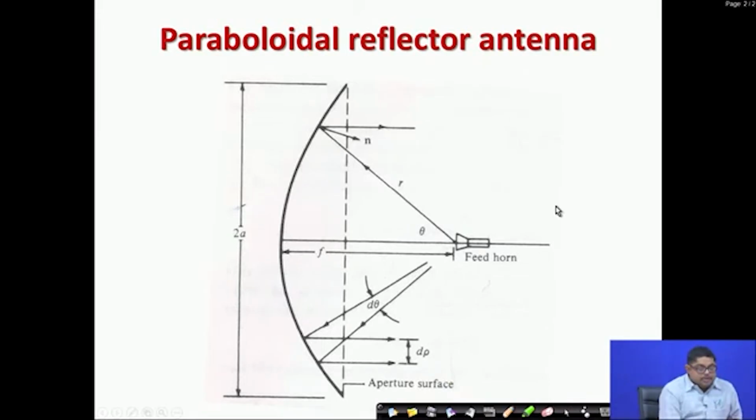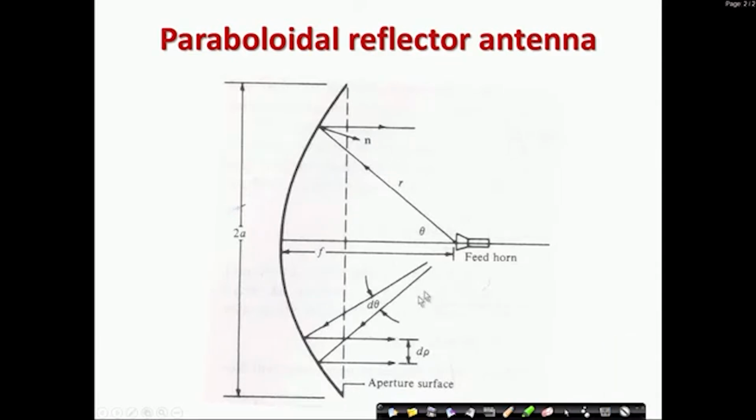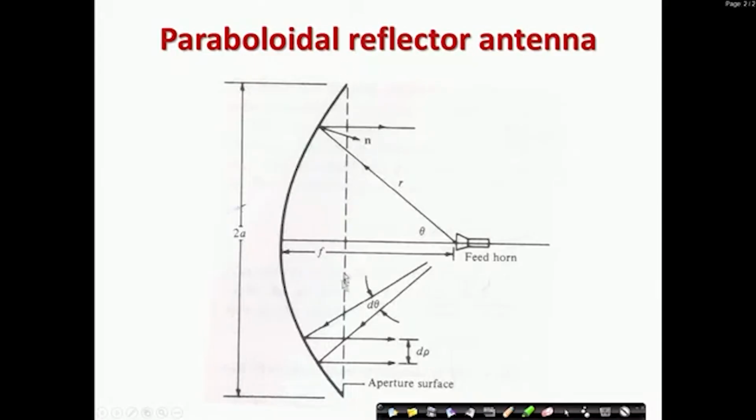Now, we first find out, because we will have to use our previously derived result: if I know the field distribution on this aperture, I will be able to say what the radiated field is, as we have seen by the Fourier transform method, etc. So, we will have to know this aperture's equation.